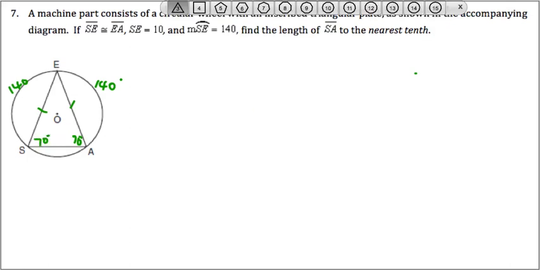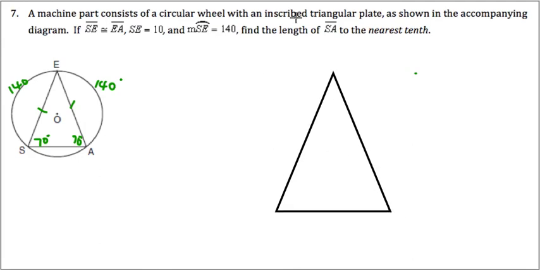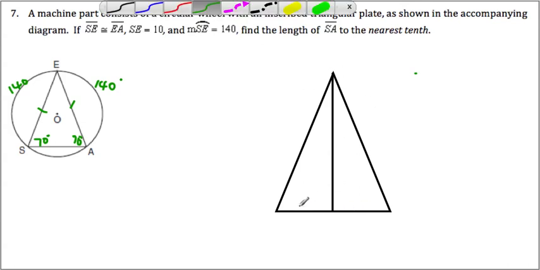Then if I bring out the triangle alone, since it's an isosceles triangle, I can draw an altitude. The altitude divides the bottom into two equal parts. This side was equal to 10, since this is 70 degrees. Since it is an altitude, it will be perpendicular to the base.